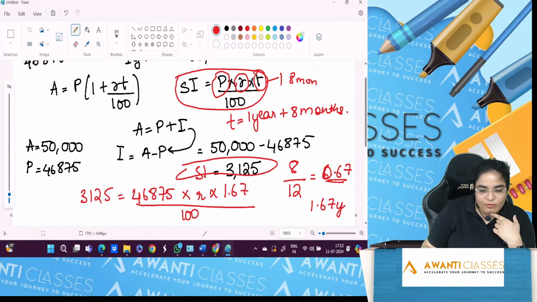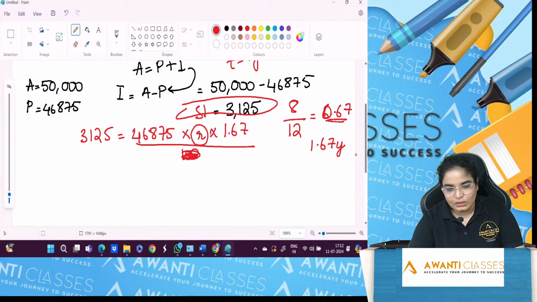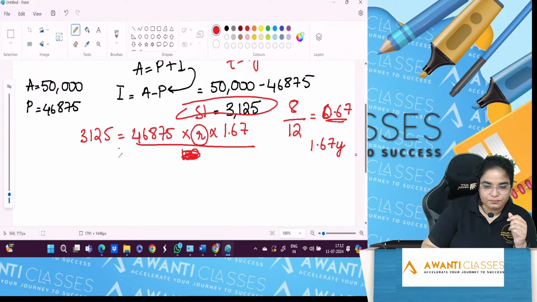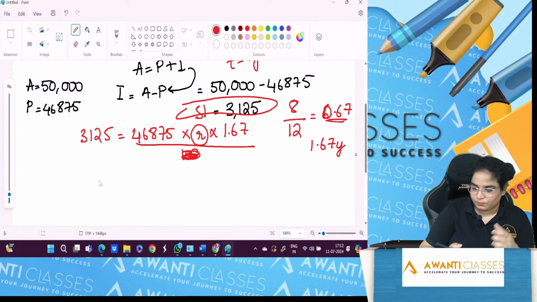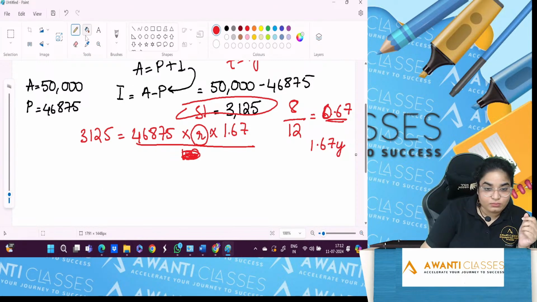Now, if we want to take this 100 out, we can. Then we will simply get R in decimal points.